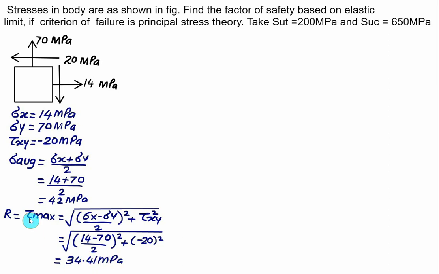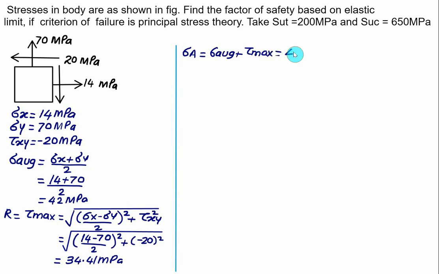Using tau max and sigma average, we will calculate two values. Positive and positive will give the value of sigma A. Positive and negative will give the value of sigma B. To find one of the principal stresses, we will select both values positive. So sigma A is equal to sigma average plus the maximum shear stress, tau max. Sigma average is equal to 42, and the maximum shear stress is equal to 34.41.